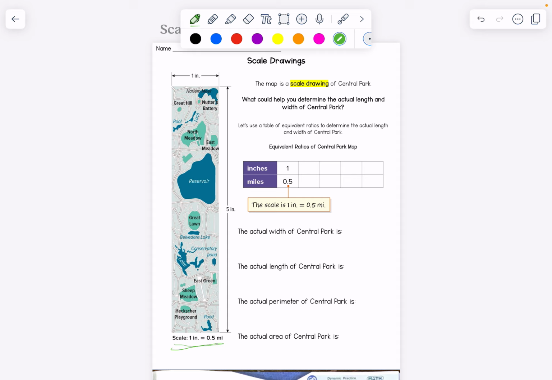So that means every 1 inch on this map is representing half of a mile, or 0.5 miles. And so if I wanted to figure out the real length and the real width of Central Park, I can use a ratio table to help me do that.